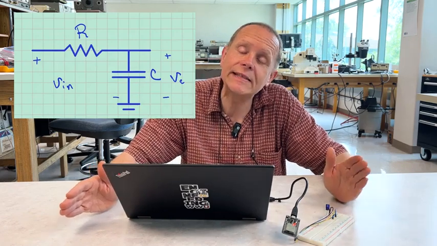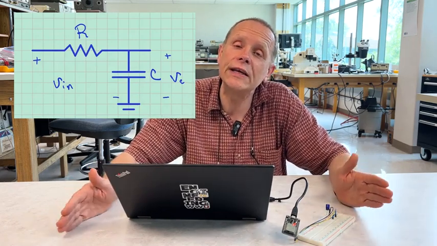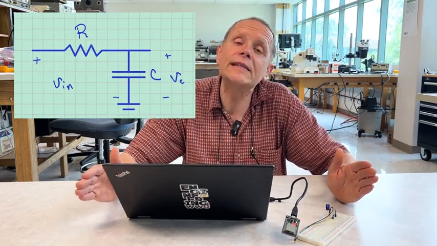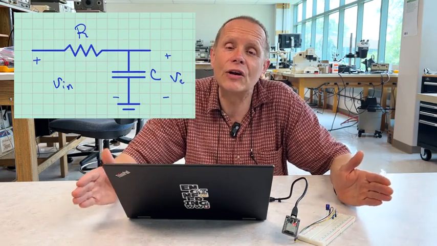So essentially what we're going to do is try and make this capacitor charge up more quickly. Instead of going as e to the minus t over RC, which is the way it naturally charges up or discharges, we're going to make it go as e to the minus 10t over RC.